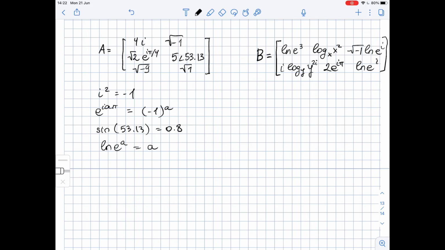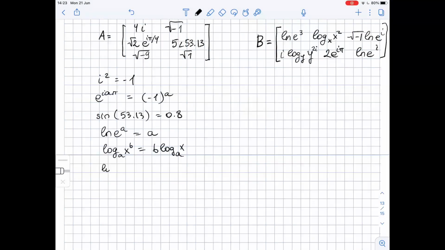We know that logarithm base a of x to the power of b equals b times logarithm base a of x, and logarithm base x of x equals 1. Let's see how we can apply these formulas to simplify our matrices.